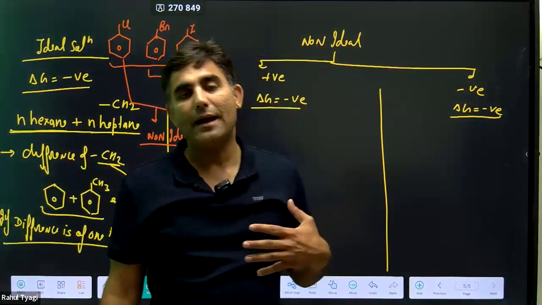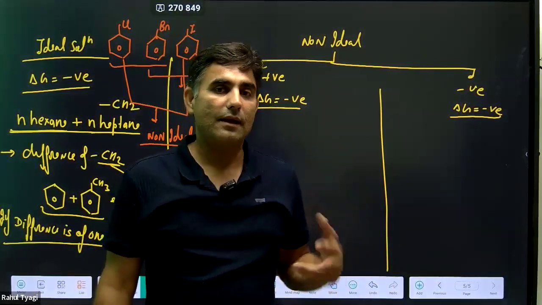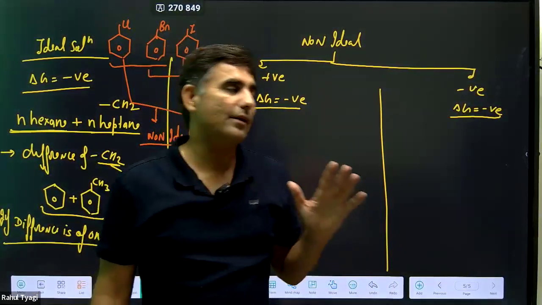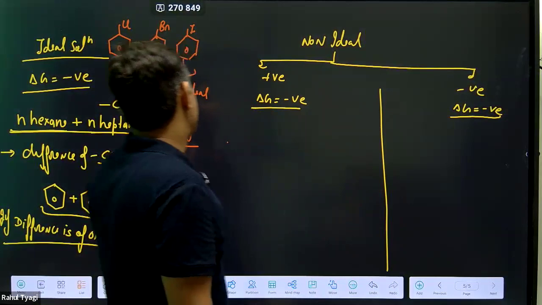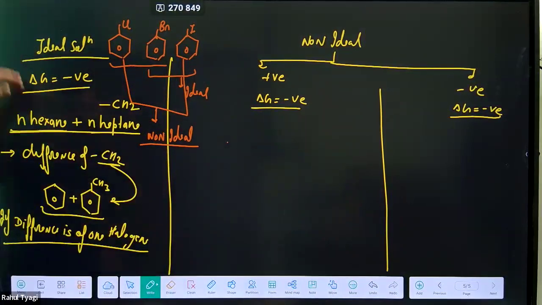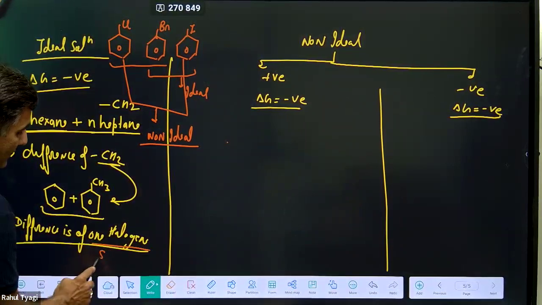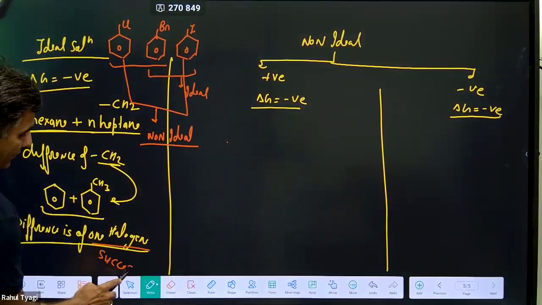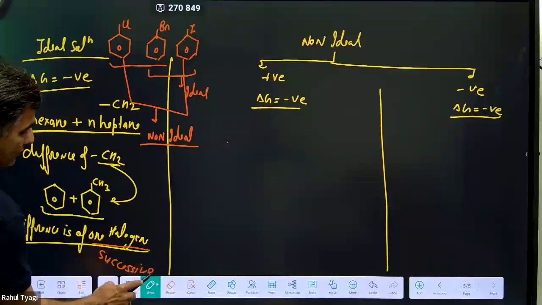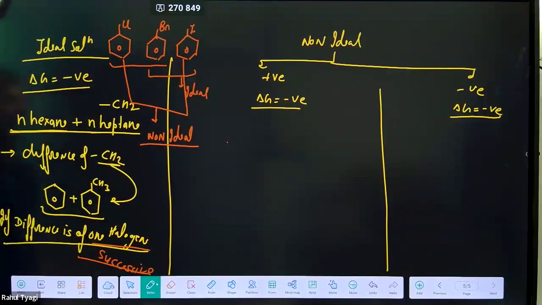If fluorobenzene and bromobenzene, now the difference is 2, it will not form an ideal solution. So the difference is of one halogen, meaning successive halogen. ये आपको देखना है.